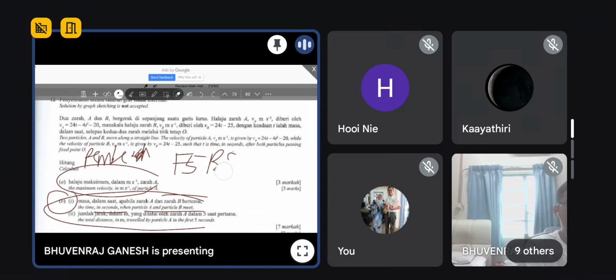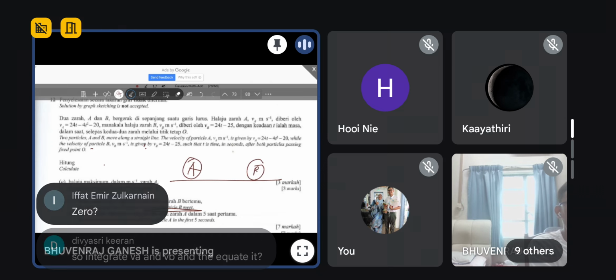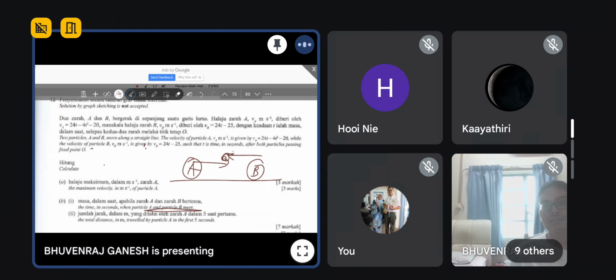Okay, so we come back here. This question, when two particles meet, what is the distance between them? Who can tell me? When the two particles meet, you can imagine A, B. Now they meet like this here. Correct?